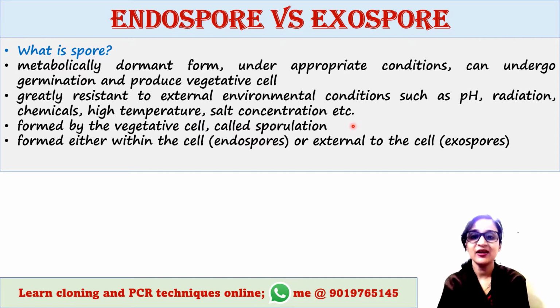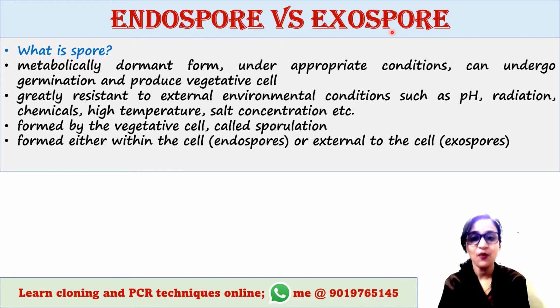Some bacteria produce spores, and why they require spores? So actually bacteria are single-celled and sometimes they are in the harsh environment. They don't have food. They may face extreme temperature, pH, etc. At that time, they need a protection for their survival.